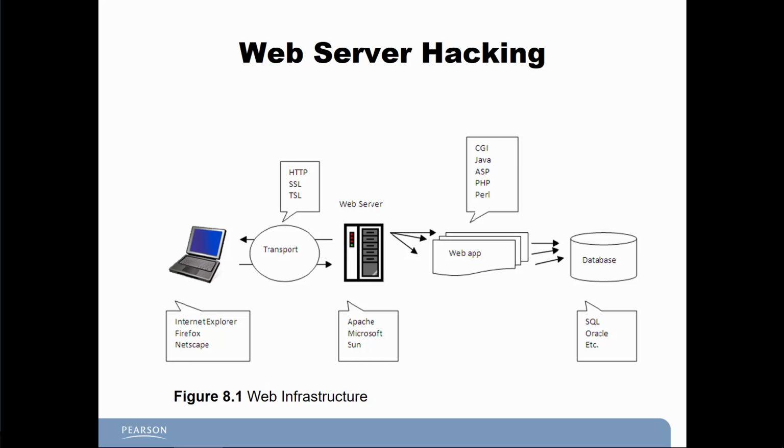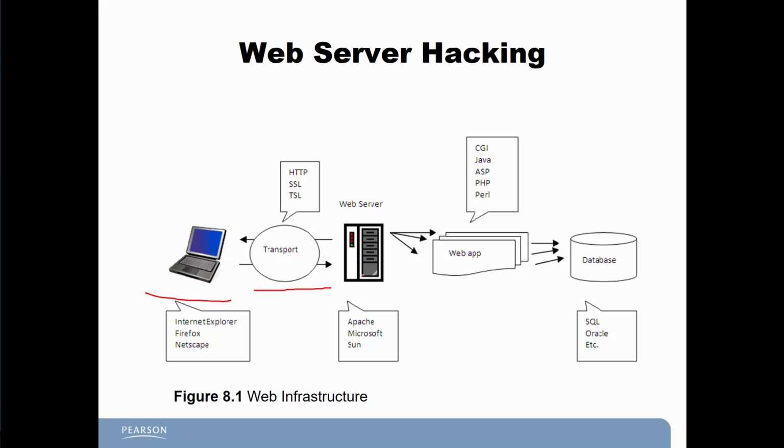So here is a common example. We'll have a web server front end, and we'll have some form of attacker with a web browser. He's going to be communicating with our web server over HTTP, over SSL.